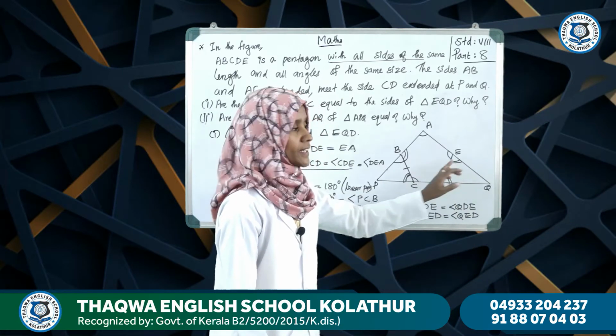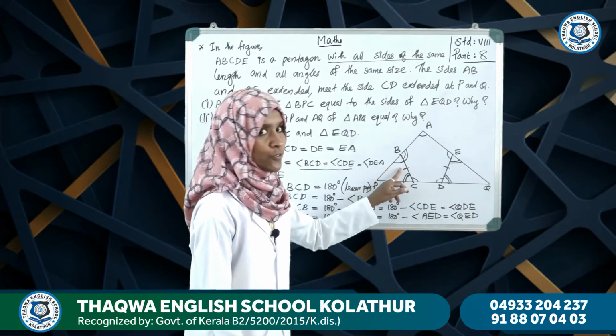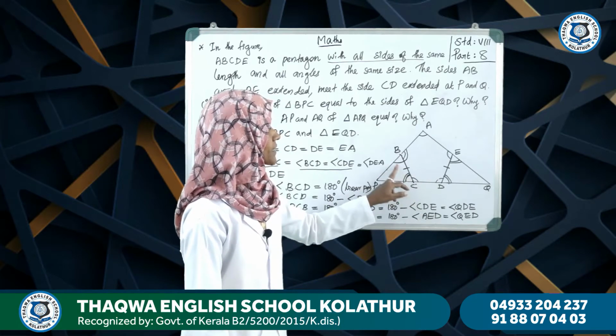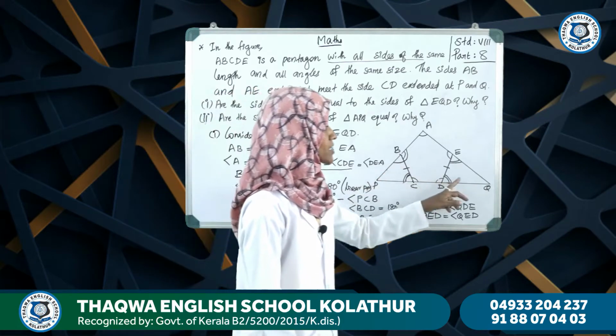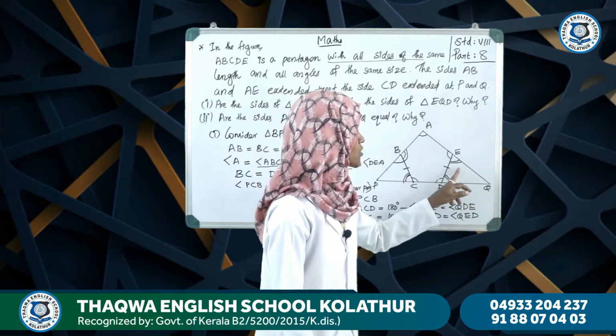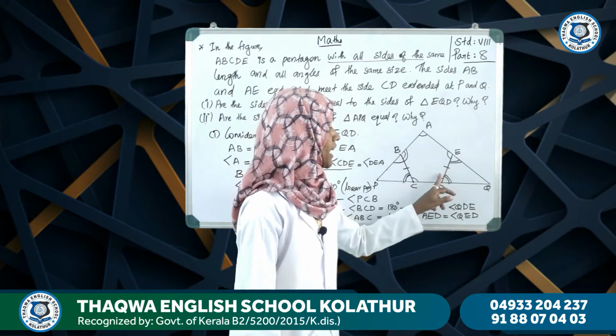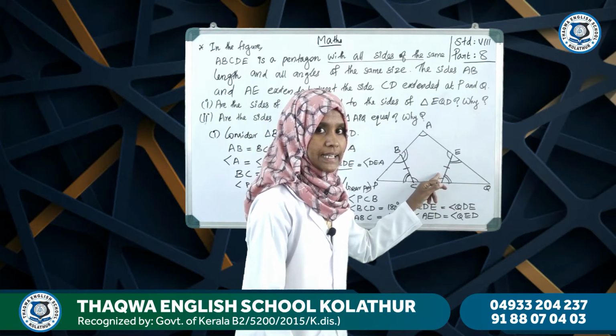That is, we can say that one side of triangle PCB and the angles at its ends, and one side of triangle EQD and the angles at its ends are equal.